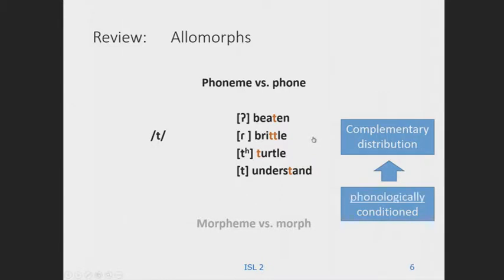Because when do I have beaten, when do I have this stop, and when do I have turtle, where I have this aspiration, when do I have understand, where I don't have that, when do I do the flap brittle? What's the difference there? Well, it's got to do with the sounds, right? So whatever other sounds are around them, between two vowels, or at the beginning, or somewhere else, that's what matters. So we say they're phonologically conditioned.